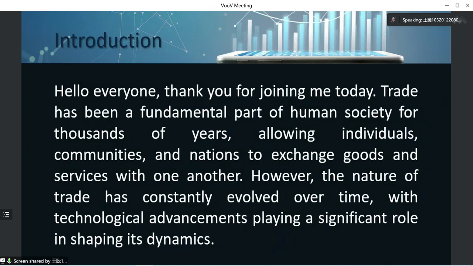Trade has been a fundamental part of human society for thousands of years, allowing individuals, communities, and nations to exchange goods and services with one another. However, the nature of trade has constantly evolved over time, with technological advancements playing a significant role in shaping its dynamics.